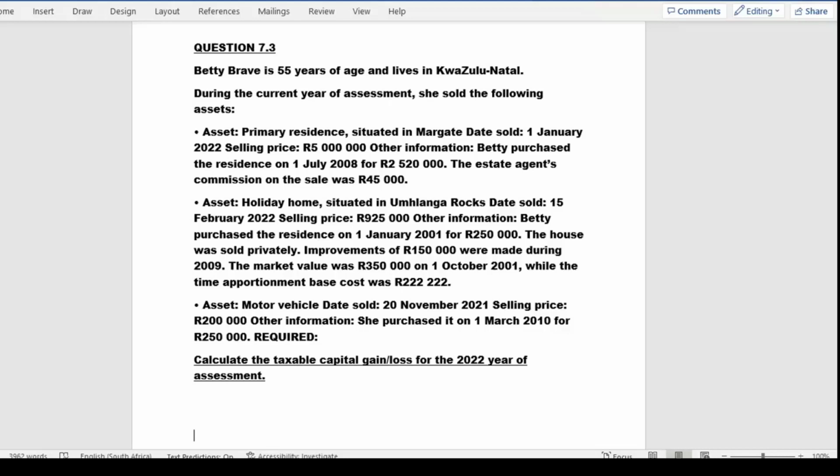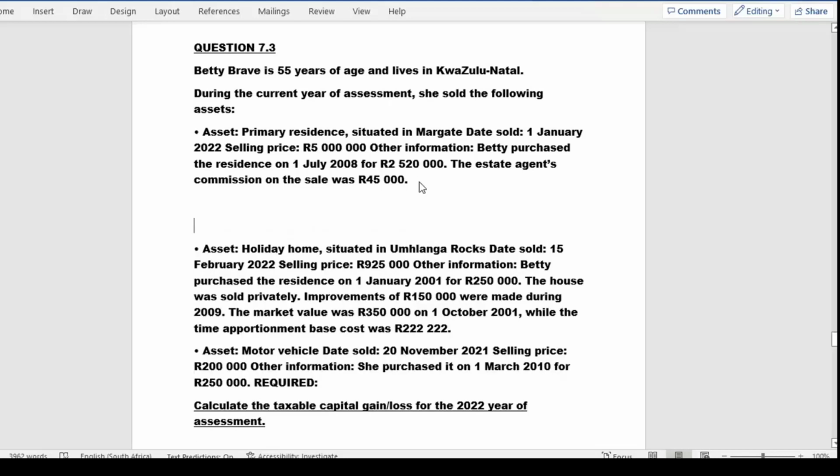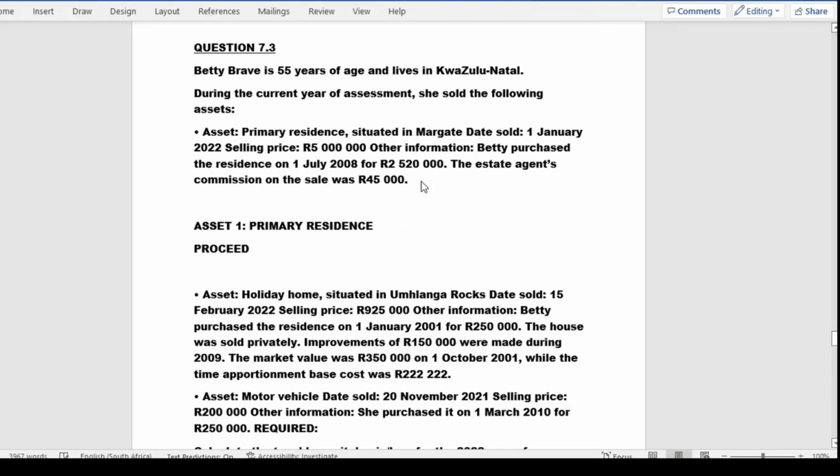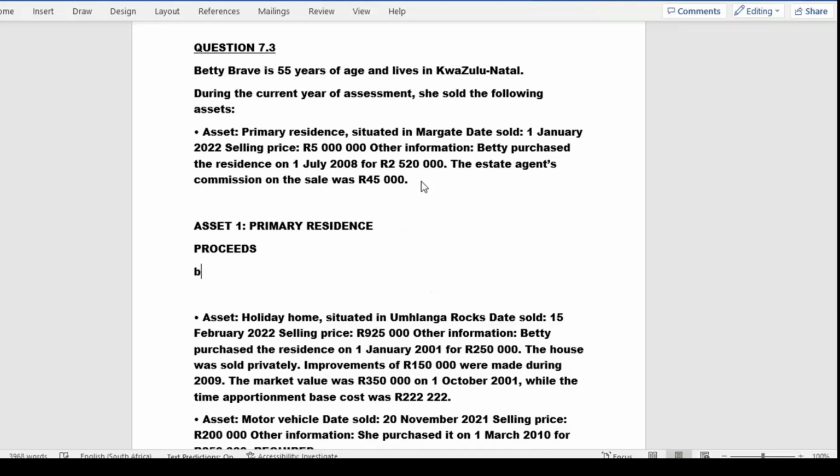Anything that you have identified? Right. Asset one, which is the primary residence. Okay. So you're going to have proceeds and base cost.